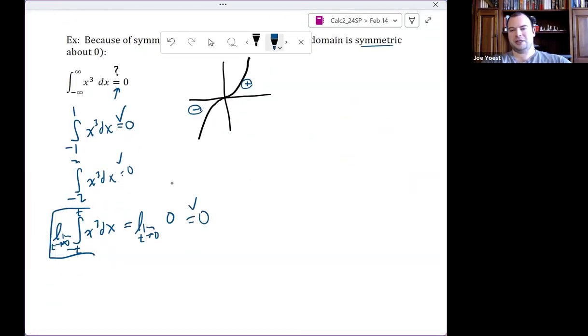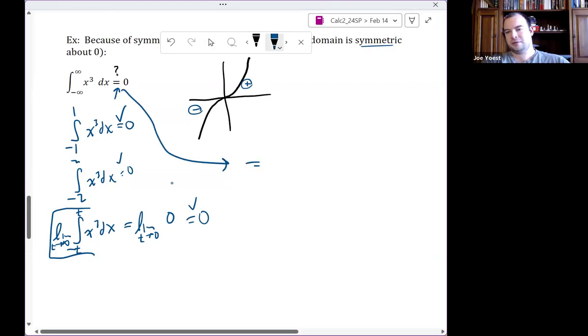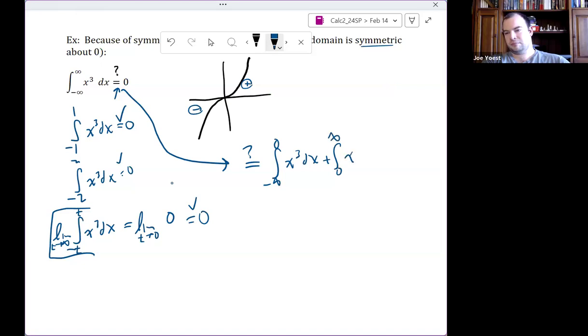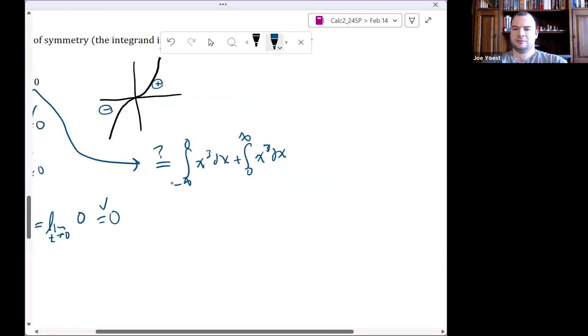So if we try to break it at 0, let's just look at the left side one.